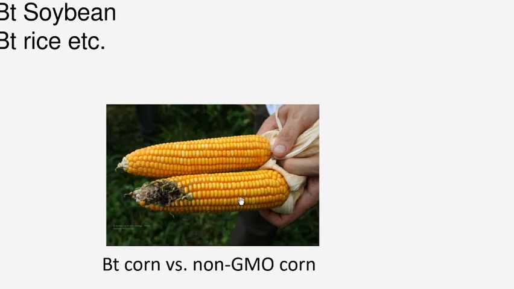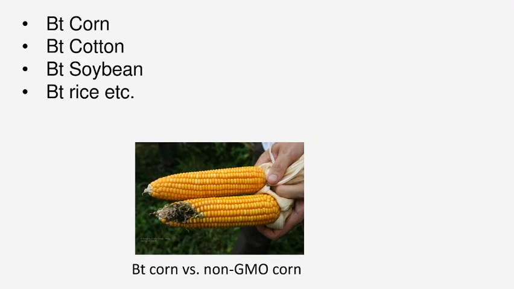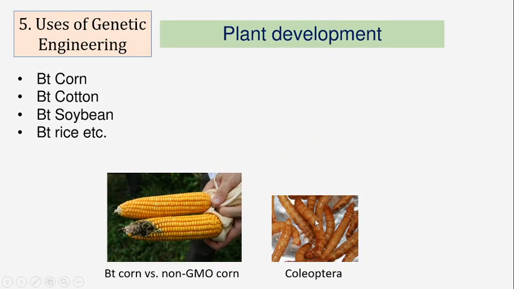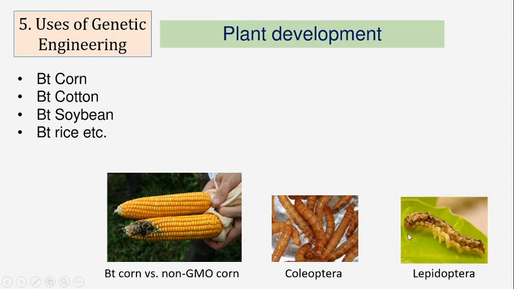So that means BT corn is not susceptible to pest attack because it can survive the infestation of pests. How? This BT corn is resistant to the attack of insects belonging to the Coleoptera order and Lepidoptera order.